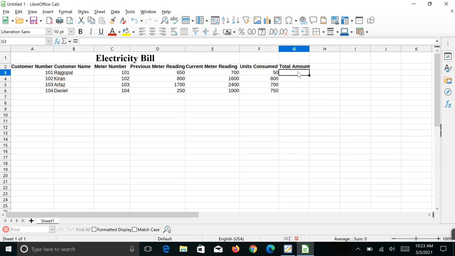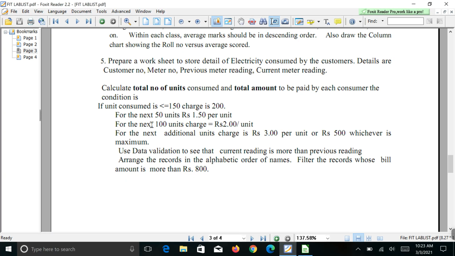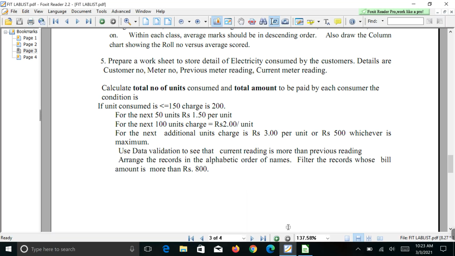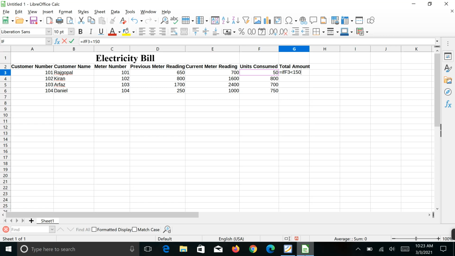So now it is very important. Here the formula is very important. What does it say? If units consumed is less than or equal to 150, charge is 200. Let's do that. Equals IF units consumed, E3, is less than 150, then charge is 200, comma 200.